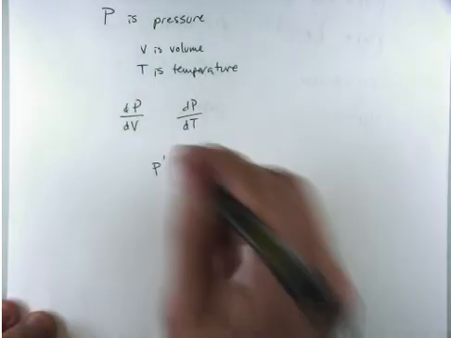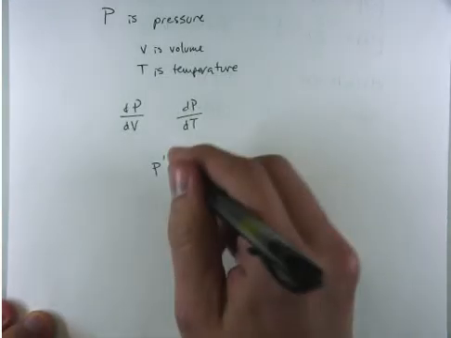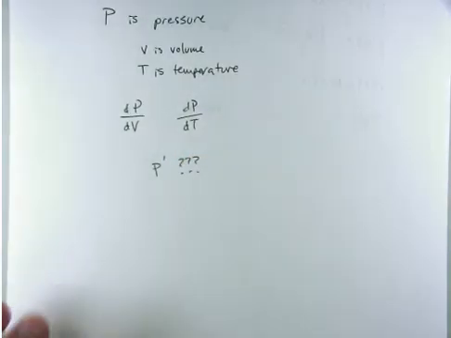If I use the prime notation, P prime, I don't know what's changing. Pressure, certainly, but is P changing with respect to volume, or with respect to temperature? The Leibniz notation is more exact than that.